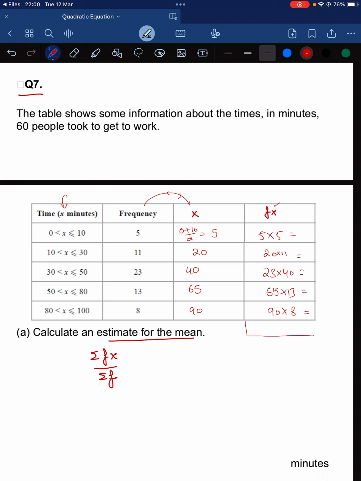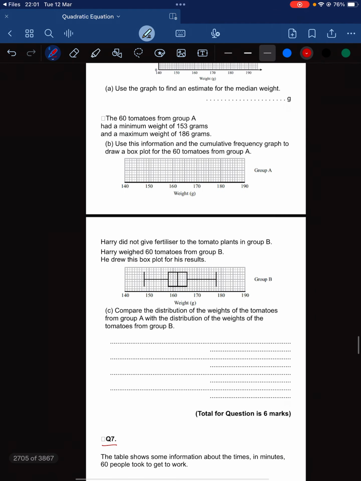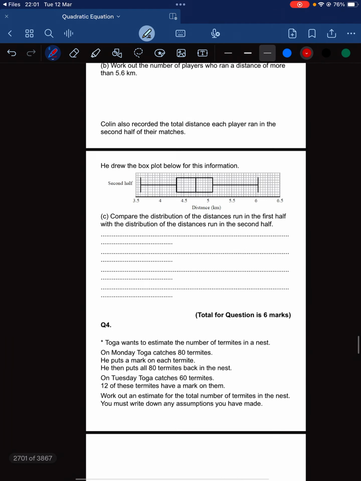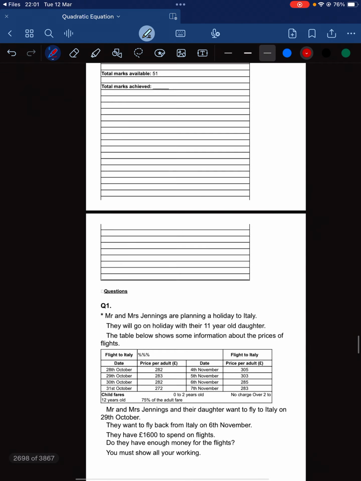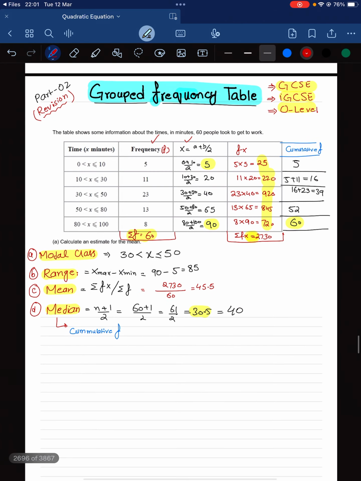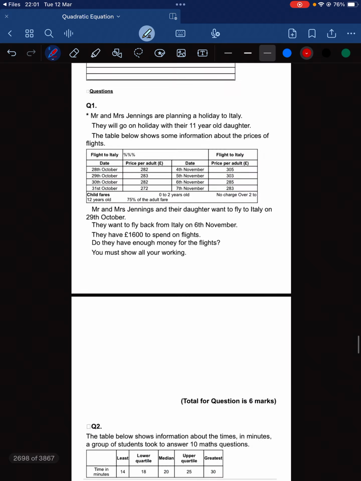By adding all of these numbers you will get sigma fx, and by adding the frequency column you will get sigma f. If you divide them, you will get the value of the mean, as we did in the last video. But the purpose of this video is to learn the new concept, that is how to draw the cumulative frequency curve. We did this question in the last video, so we are not going to discuss it here.